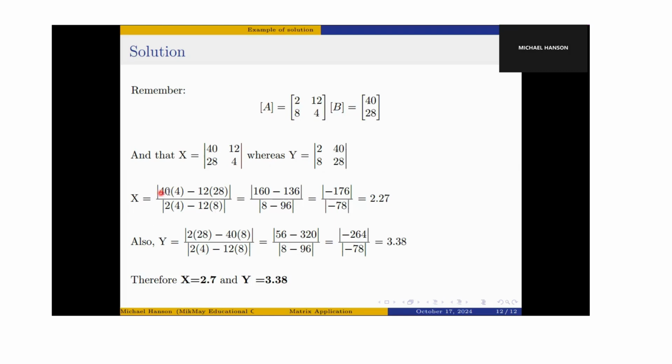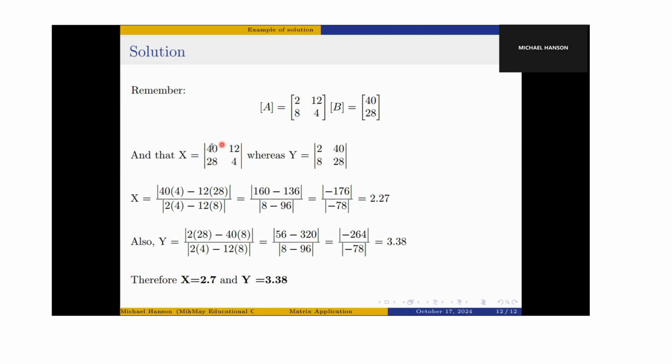So to find X, that will be the determinant of this matrix. Finding the determinant of a 2 by 2 matrix is the product of the diagonal elements, so 40 times 4, minus the product of the off diagonal. So this is the principal diagonal and this is the off diagonal.